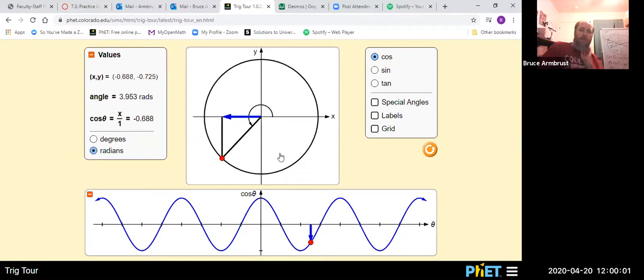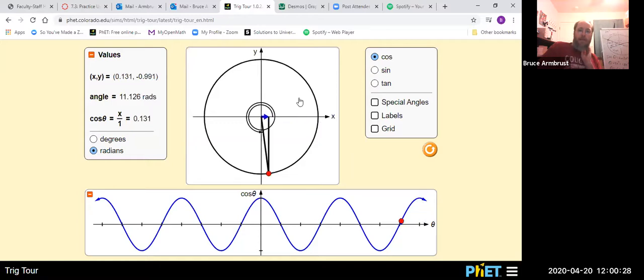So here's my first cycle all the way around, and I get back to this maximum, this top point. But if I keep going, now I'm on my second rotation, you notice that I'm getting exactly the same values because I'm coterminal to something in that first rotation. And if I complete my second rotation, now I'm back at the top again on my graph, and I'm ready to start going down.